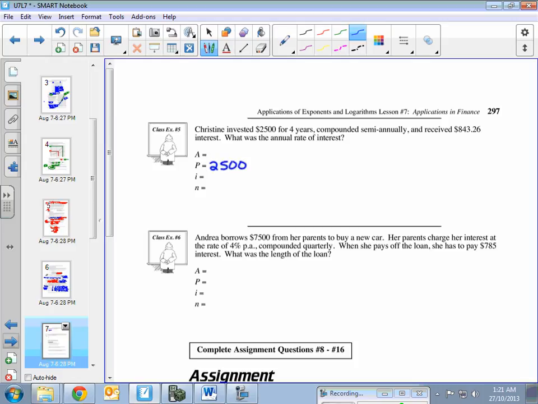If they received $843.26 in interest, you could find your final amount because you could just add that to your initial. So your A would be 2,500 plus 843.26. Once you add those together, you get 3,343.26.